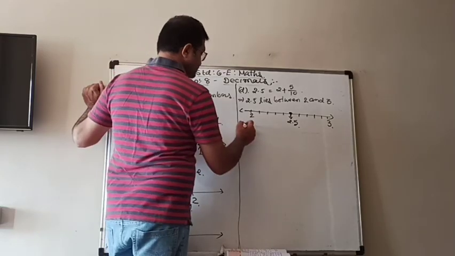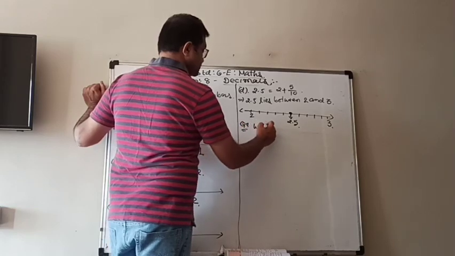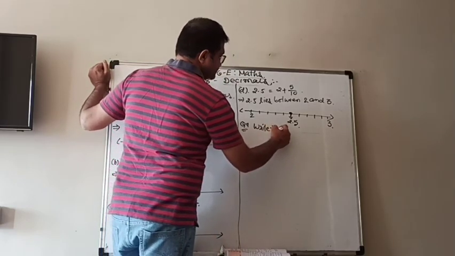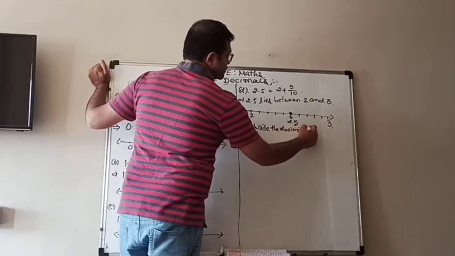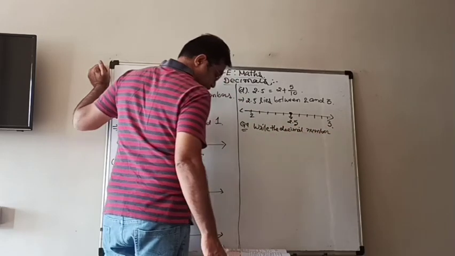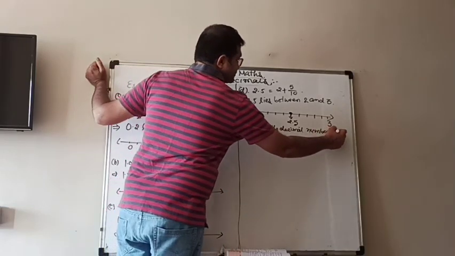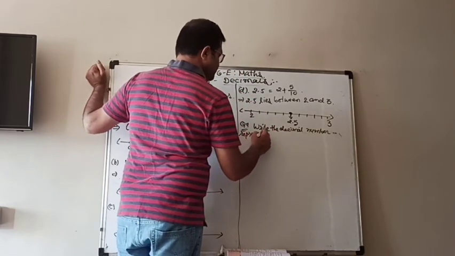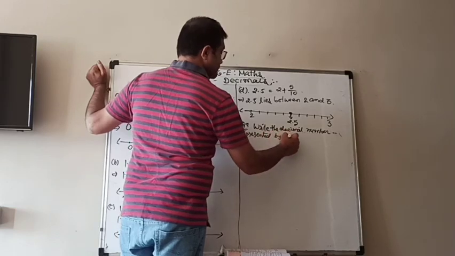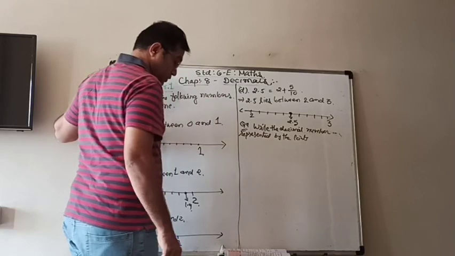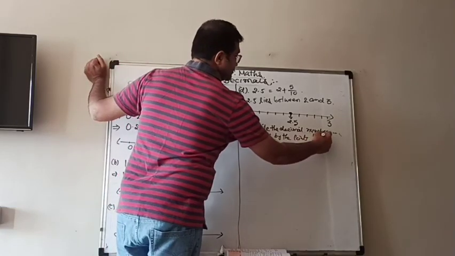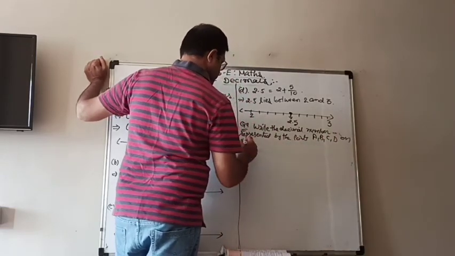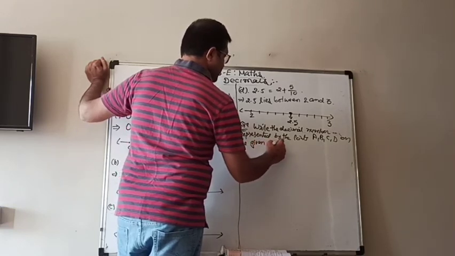Now question 9. Write the decimal number represented by the points A, B, C, D on the given number line.